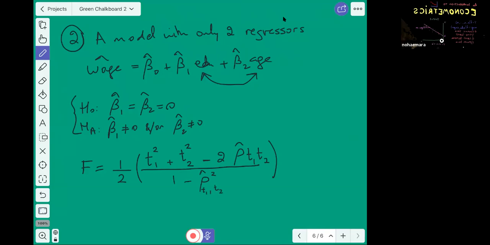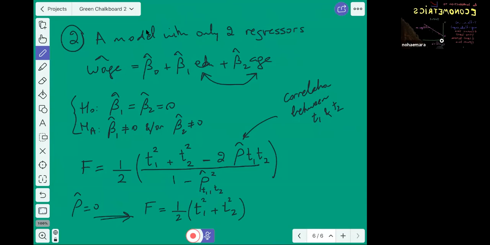So this is the correlation between T1 and T2. To make our life easy and to understand this equation, let's assume this correlation is equal to 0. If you have this correlation equal to 0, I want you to imagine that this F is simply going to be equal to the average of each of the t-statistics squared.